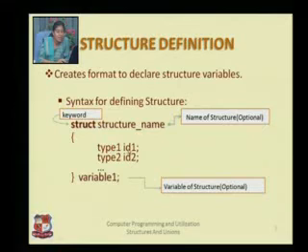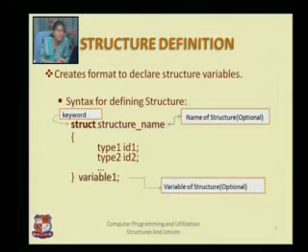Identifier is the name of a variable. Suppose I am creating roll number, then roll number is a variable related to the particular structure, and that structure could be student. So we write struct, then the structure's name or structure's tag, then the type, and after the type we write the identifier. Identifier is the name of the variable.